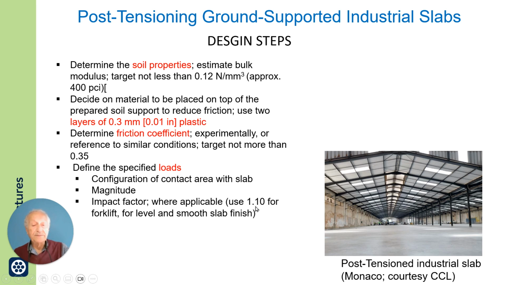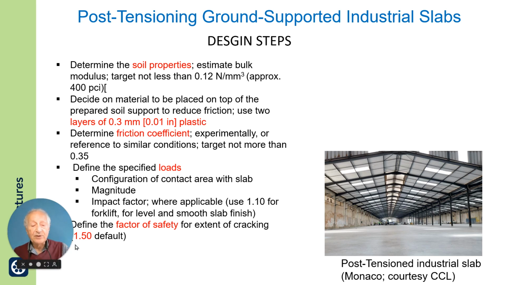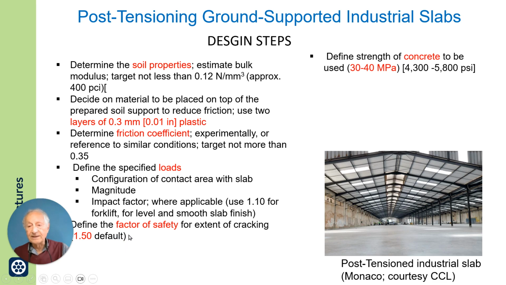You put an impact factor of 1.1, 10% if you have a forklift, not for load frames. And then you decide on a safety factor, and typically 1.5 is assumed the safety factor for cracking.